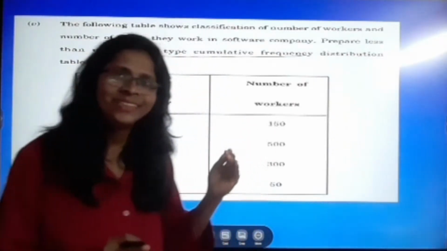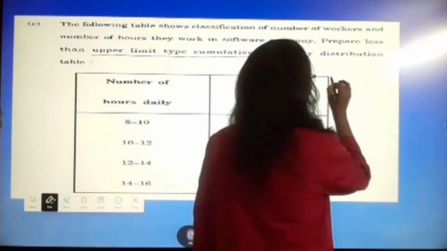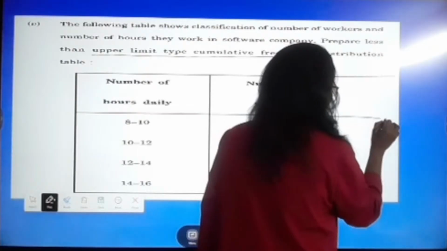Okay students? Then see here, I also extend the third column.